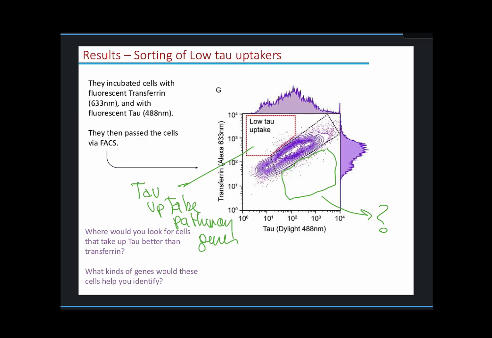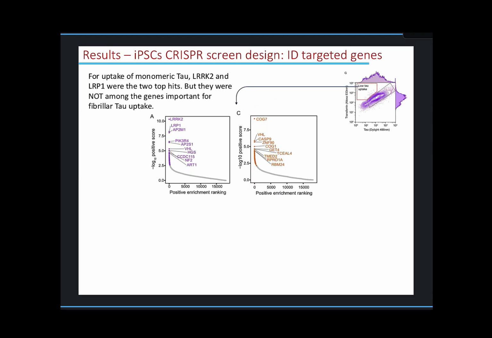Maybe we can ask, and if we have time, I have a story to tell you. All right, so they sorted those cells, they sequenced the guide RNAs that those cells contained, knowing that the guide RNAs would probably point them to genes that were important for tau uptake, the tau uptake pathway genes, right?